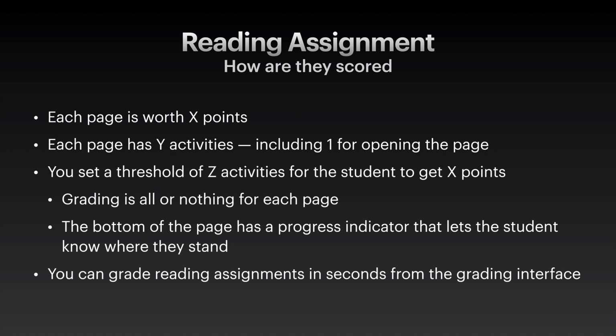So you set a threshold of Z activities on the page. And by default in the assignment builder, we set that threshold at 80% of the activities. So if a student does 80% of the activities on that page, they're going to get all of the points for that page. So grading in a reading assignment is all or nothing for each page.